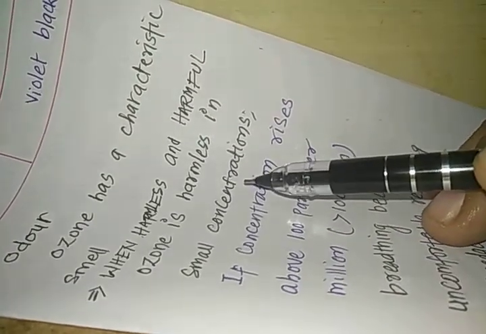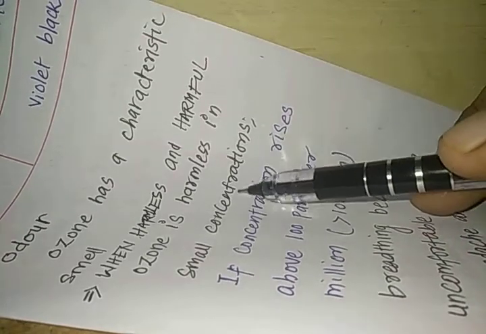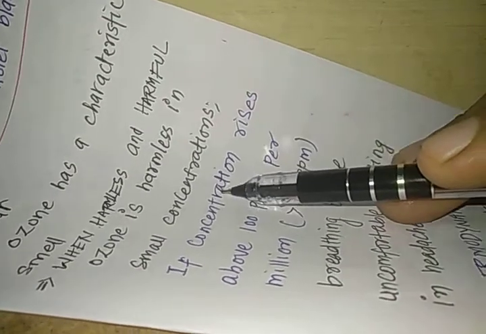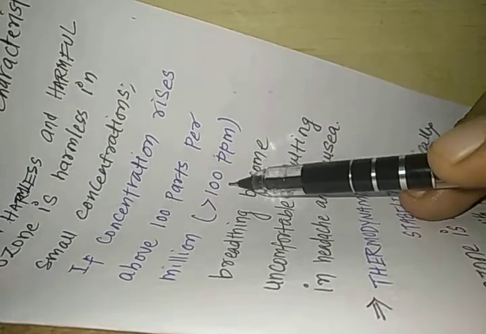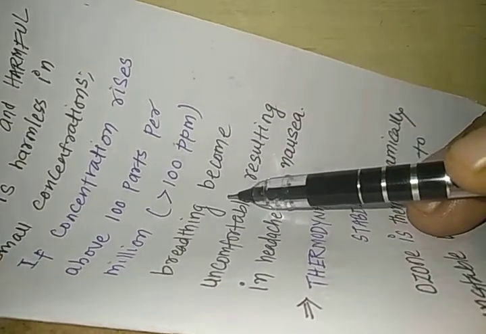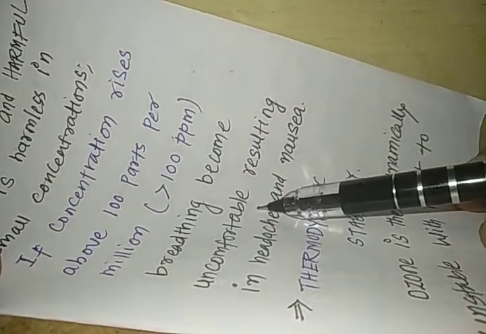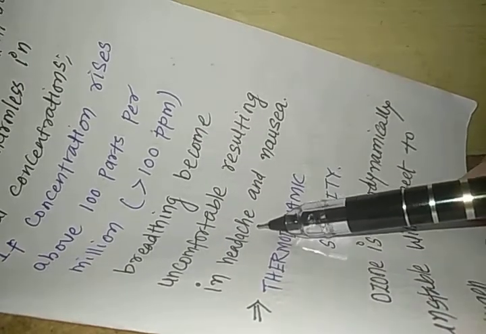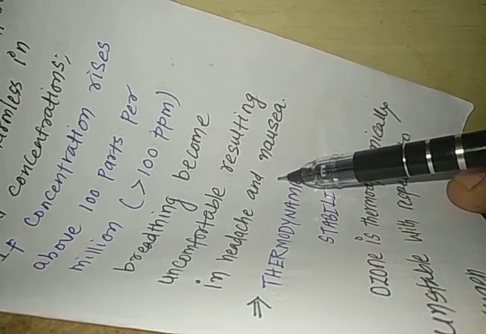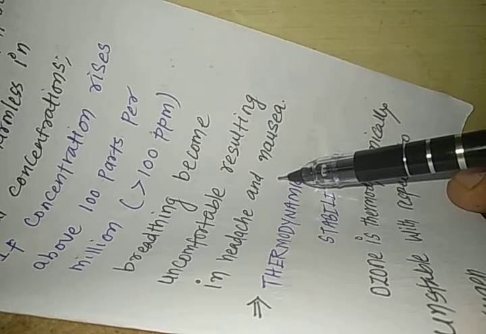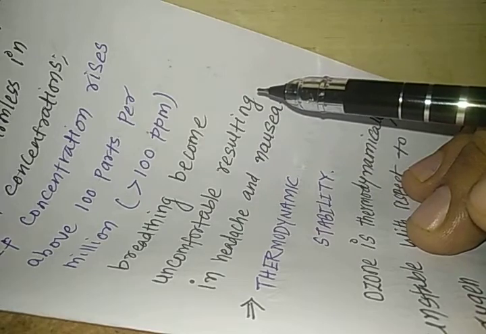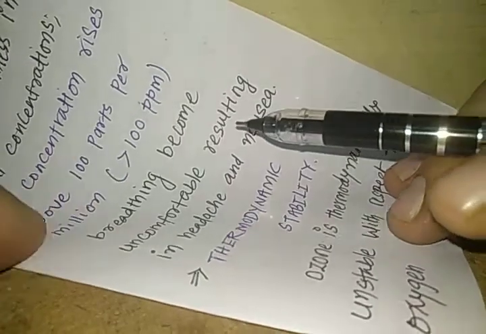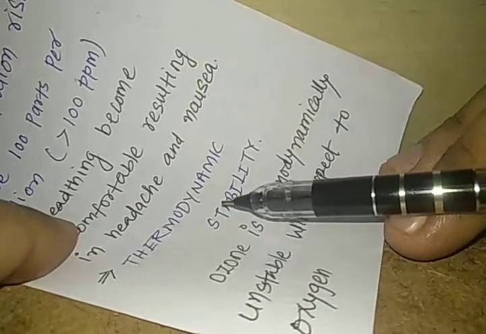Ozone is harmless in small concentrations, but if the concentration of ozone rises above 100 parts per million, that is greater than 100 ppm, breathing becomes uncomfortable, resulting in headache and nausea. So if the concentration of ozone is more than 100 parts per million, it is harmful, it creates trouble to the human being, especially in the breathing process.